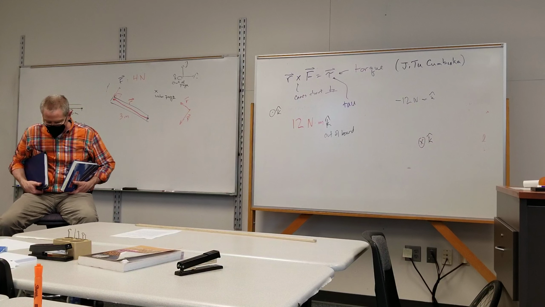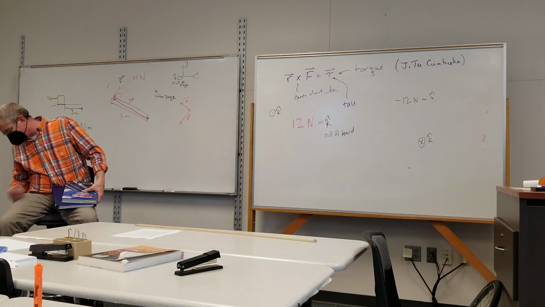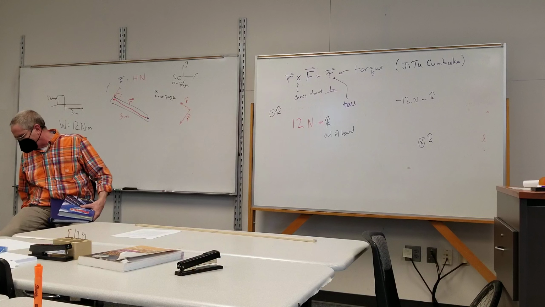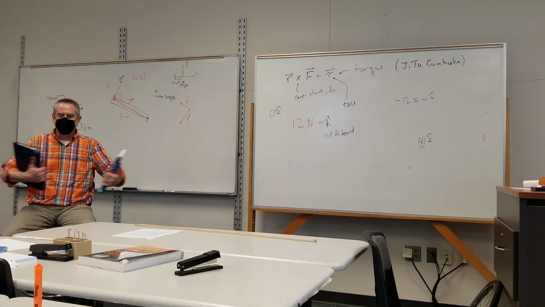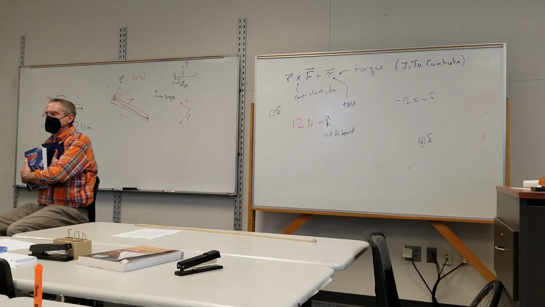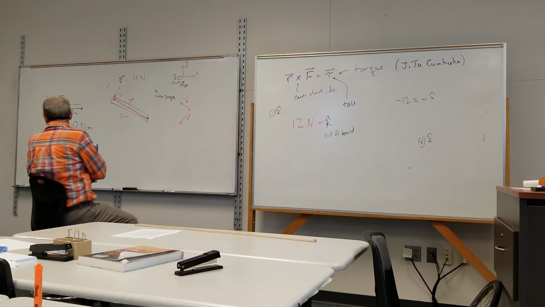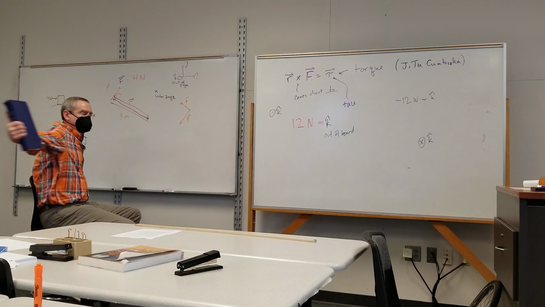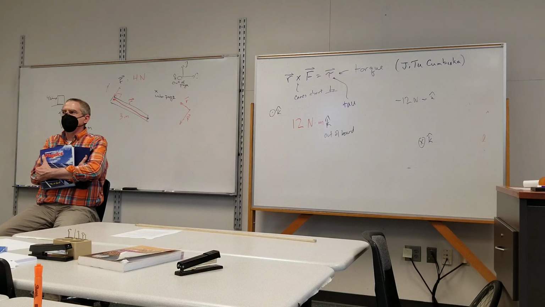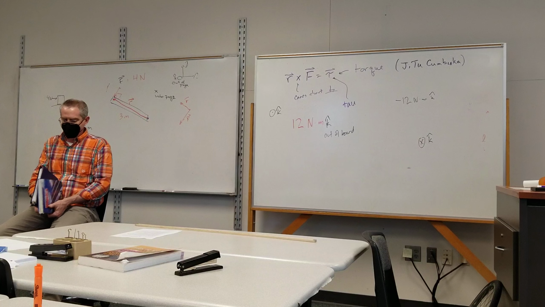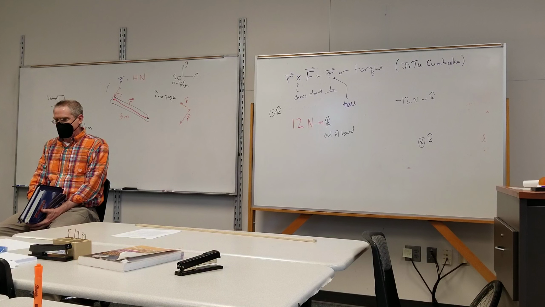So as I spin around, I'll start out with my arms close. Then as I bring my arms out, my moment of inertia increases. And what decreased? Your speed.